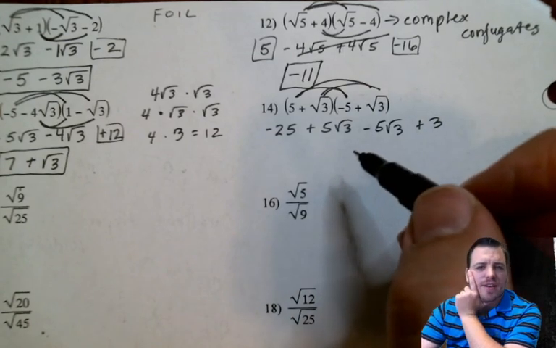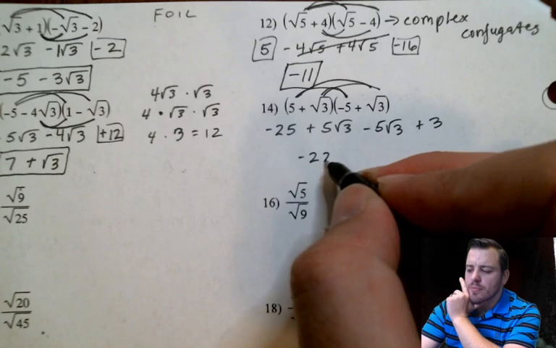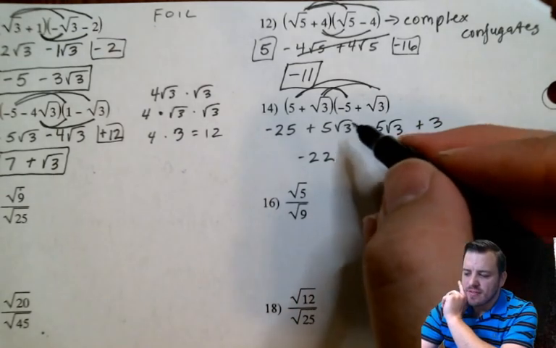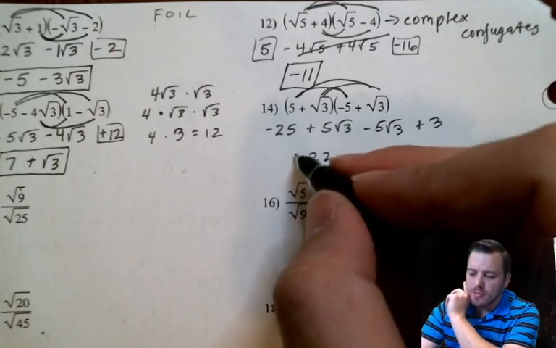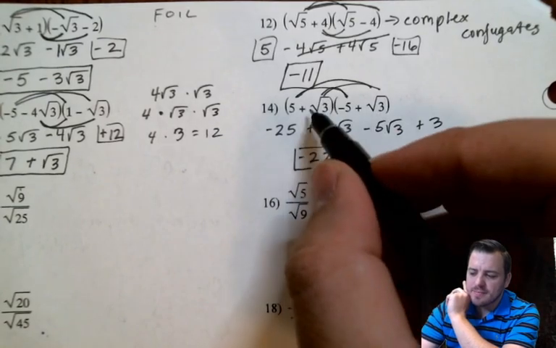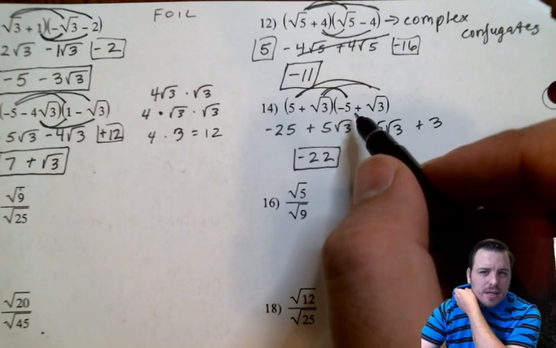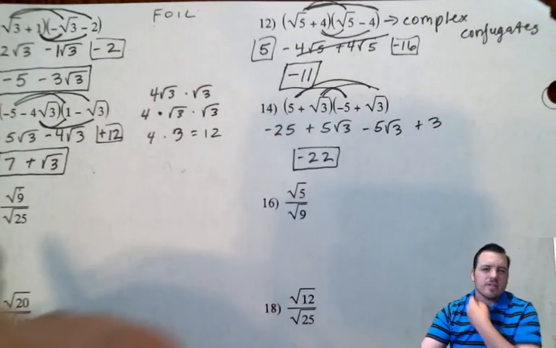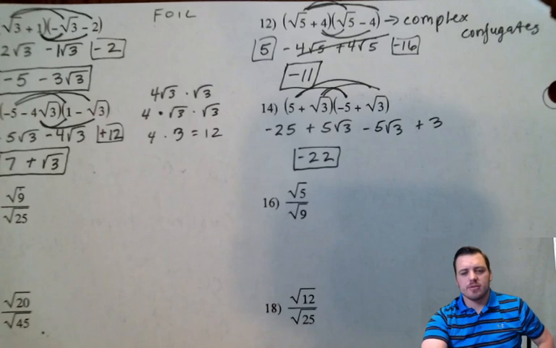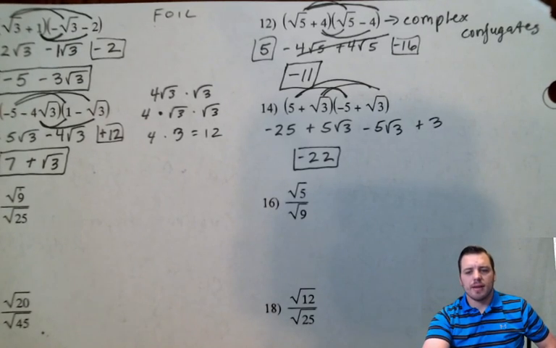So negative 25 plus 3 would be negative 22. And then 5 radical 3 minus 5 radical 3 would be nothing. And again, it doesn't necessarily look like a complex conjugate, but one sign is different, so that's the sign that's what matters. So negative 22 would be our answer here.